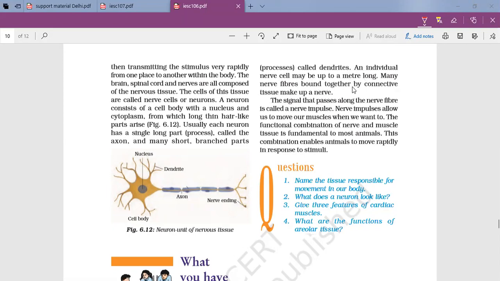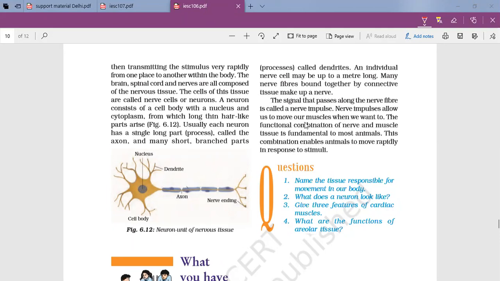Many nerve fibers bound together by connective tissues make up a nerve. The signal that passes along the nerve fiber is called a nerve impulse. Nerve impulses allow us to move our muscles when we want to. The functional combination of nerve and muscle tissues is fundamental to most animals.